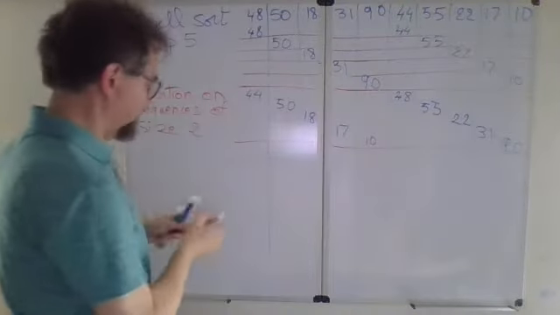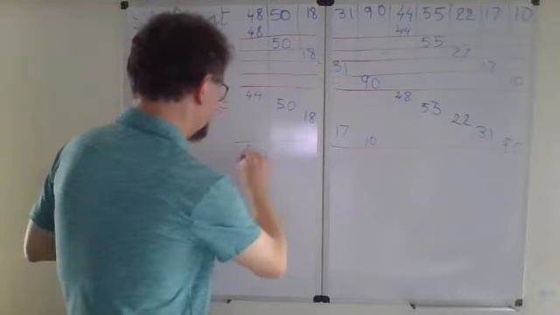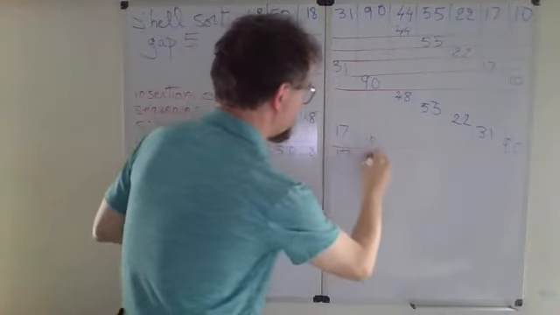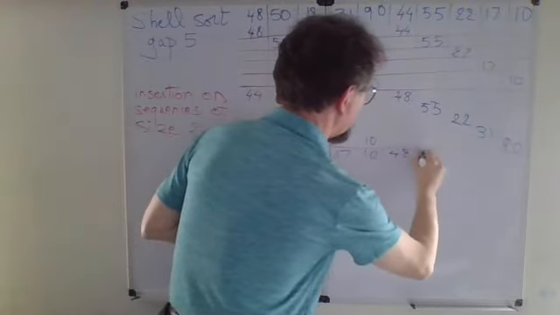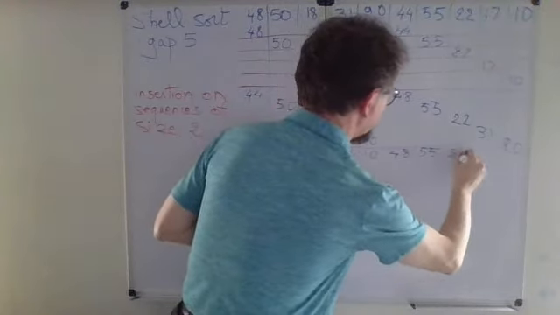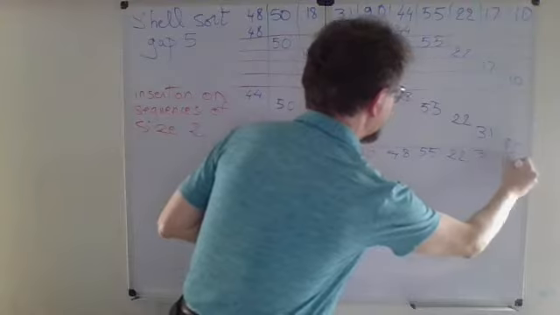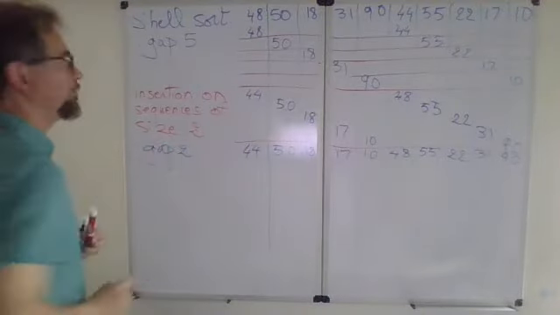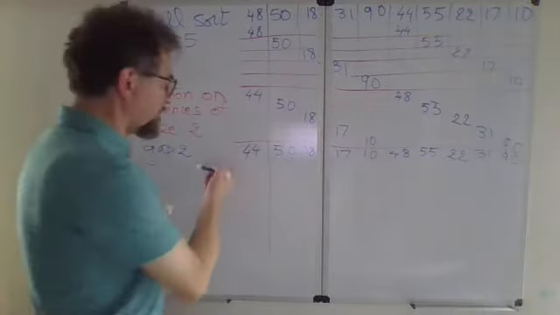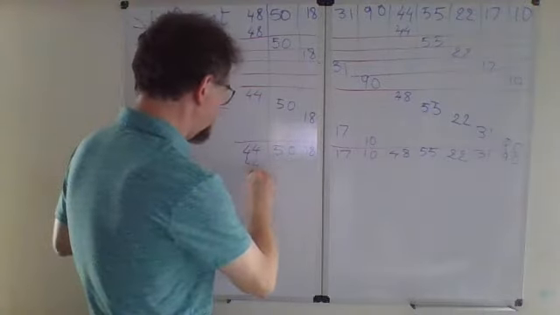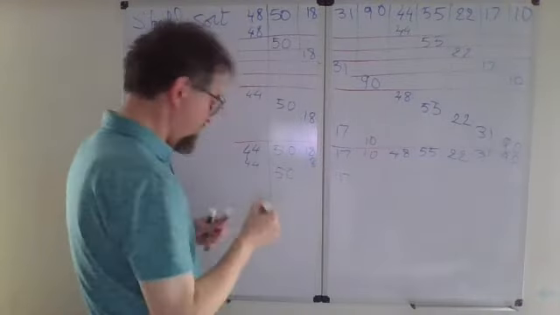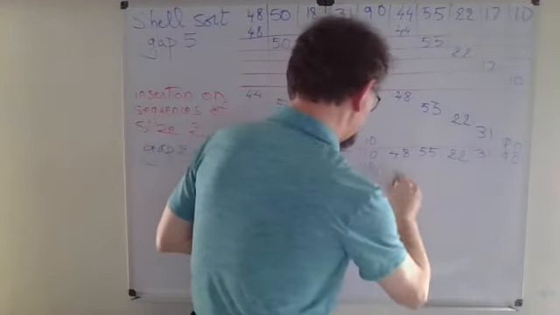So I will write down the sequence that I have now, to prepare for the next step. In the next step we will be using a gap of 2. So I write 44 and 50, 18, 17 on different lines.